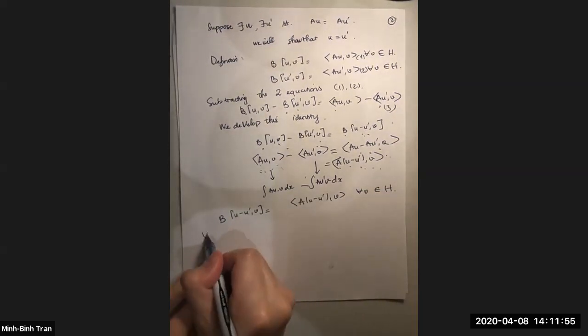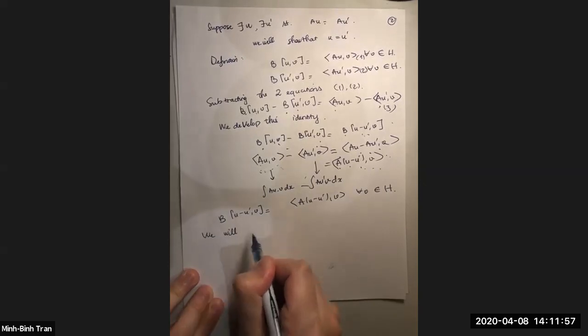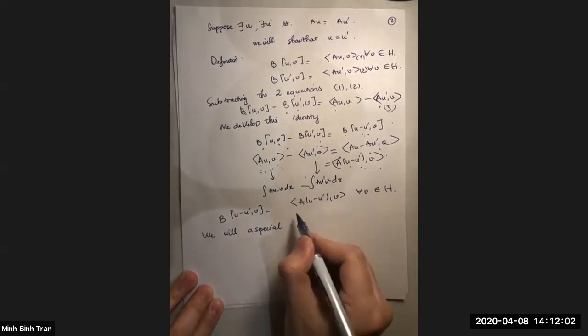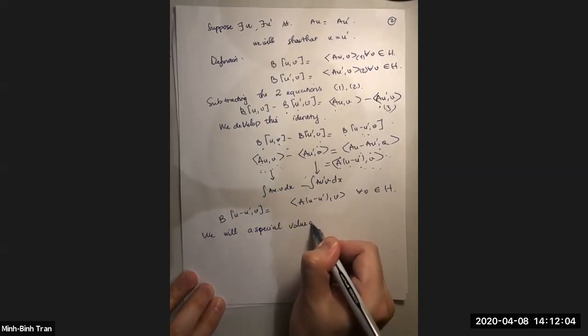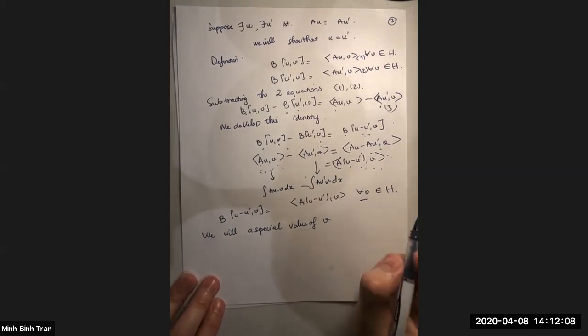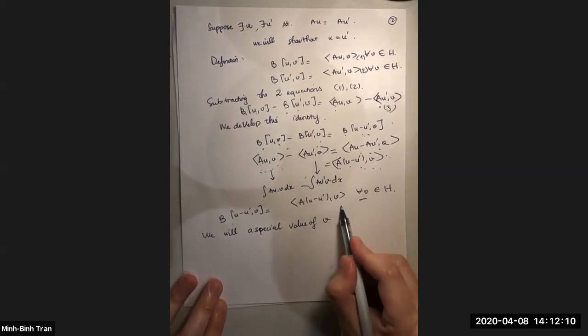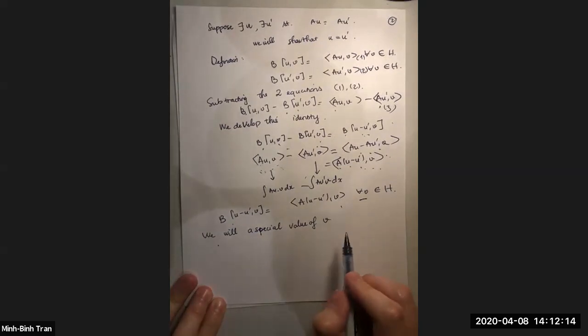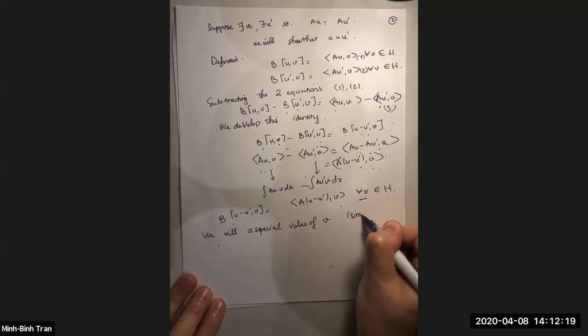All right. So we're going to use this. This identity is true for all V, because V is the test function. So we will choose a special value of V, similar to the previous lecture.